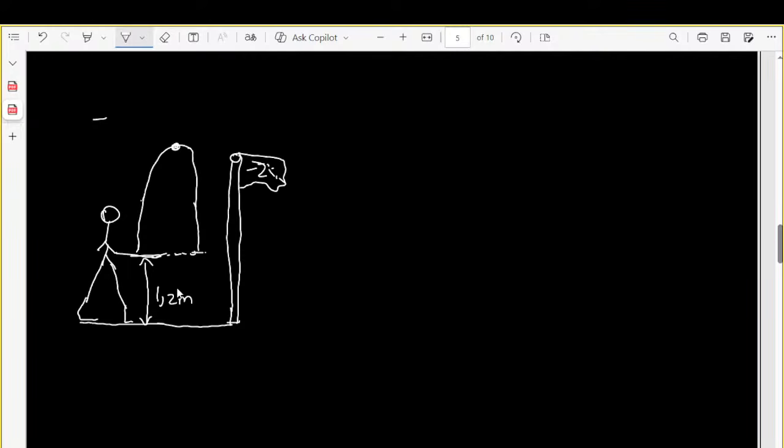So now, let's say you throw a golf ball, and the golf ball is in the air for a total time of 1.6 seconds. Let's say delta t is 1.6 seconds.